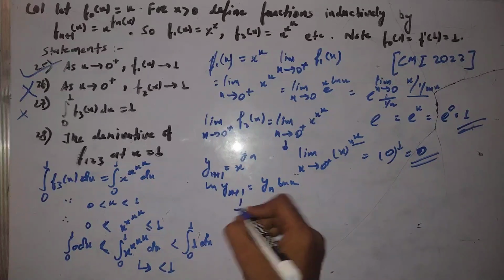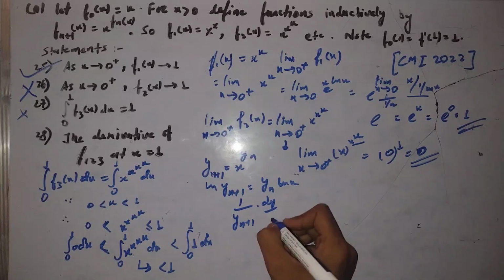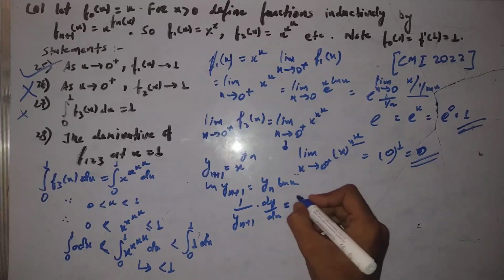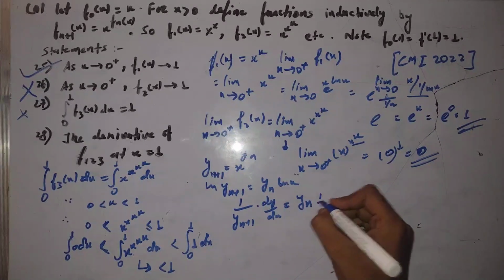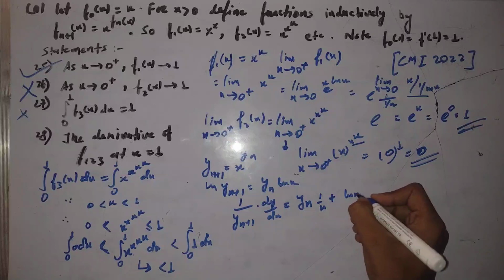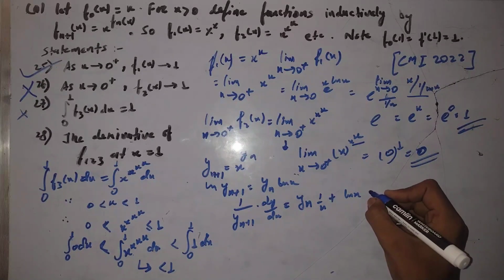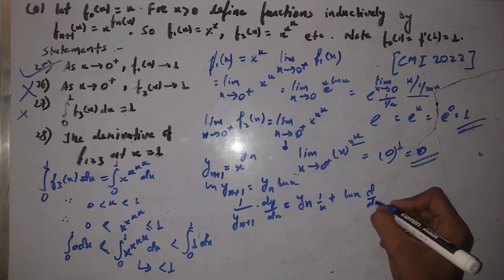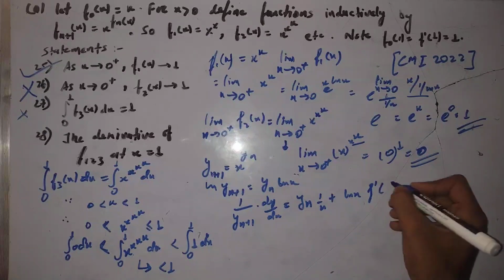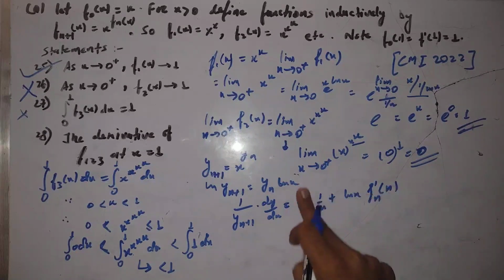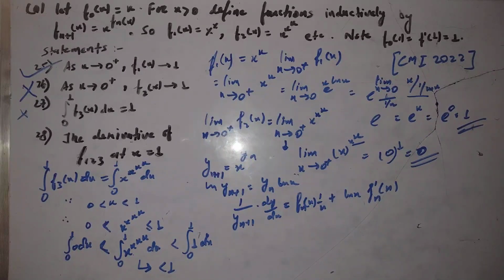Now 1 upon y(n+1) into dy upon dx equals yn times the derivative of ln x, which is 1 by x, plus, taking ln x constant, the derivative of yn, which I'm going to write as f'n(x), and I'm going to replace yn by fn(x).